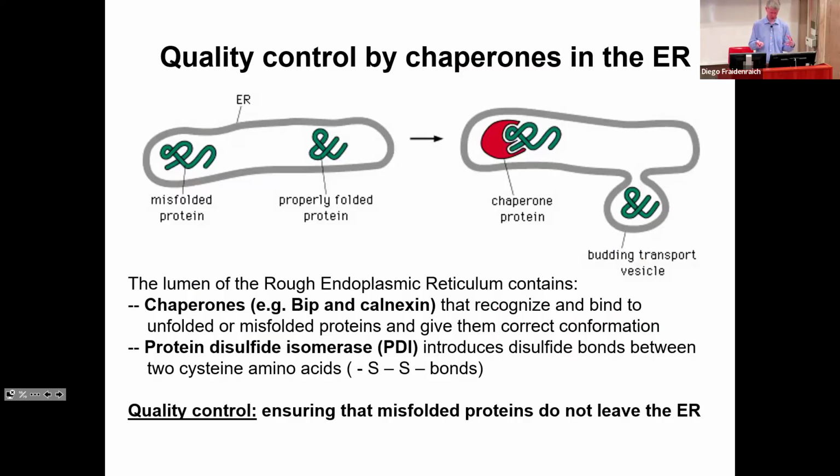If they would not be properly folded, for example, they would even be immediately degraded. So there would not be a pathway to the lysosomes. It would be some connection with the endoplasmic reticulum directly, the degradation process.